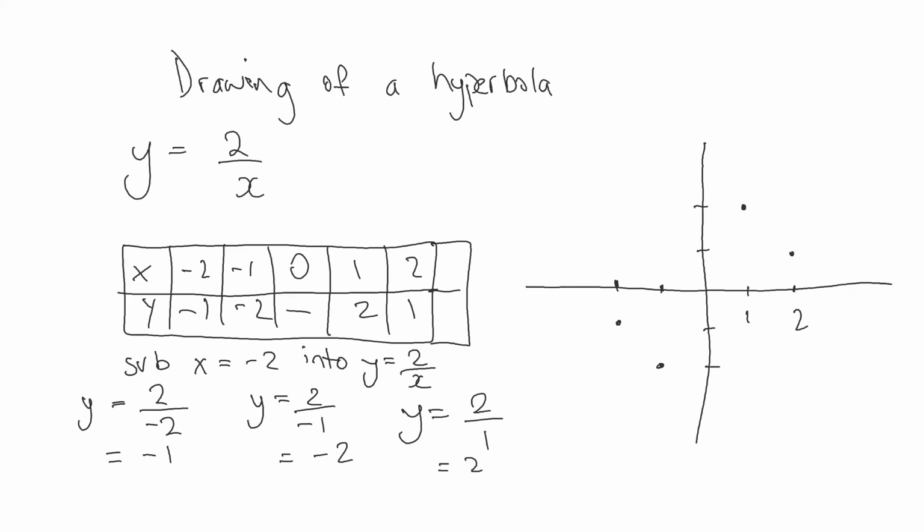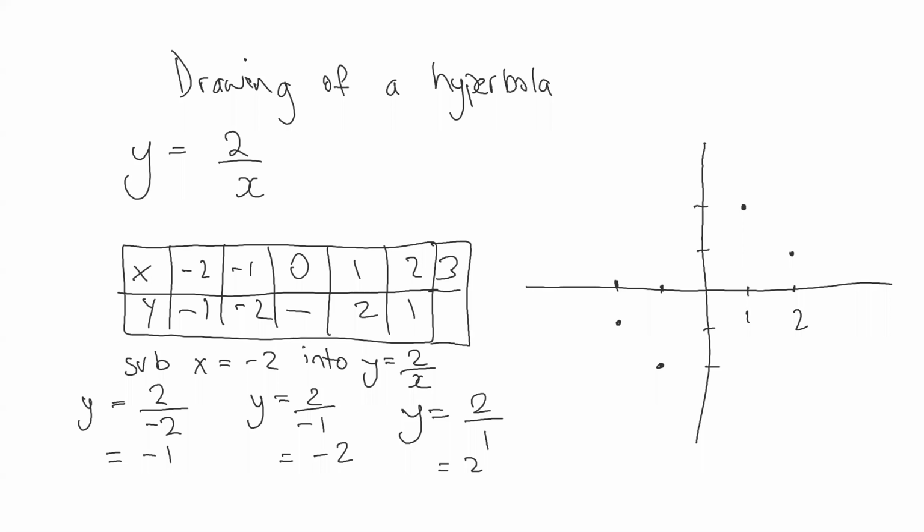Yeah, we're going to have to do more coordinates because this is not going to be enough for us to draw it. So let's add another coordinate. x equals 3, so that means y will be 2 over 3.